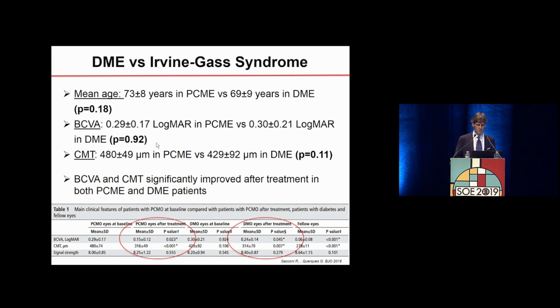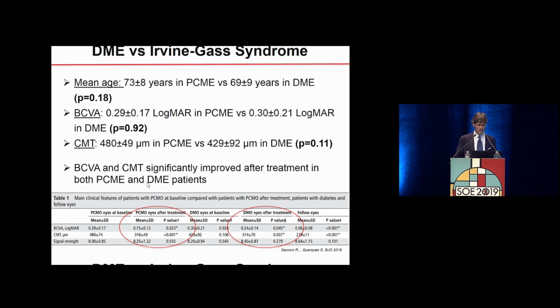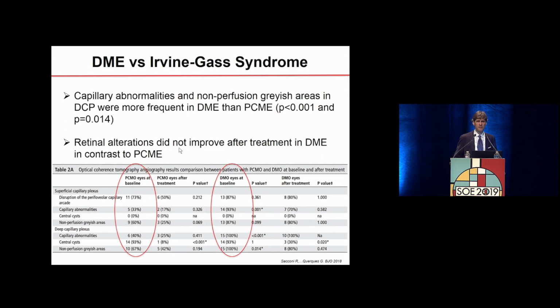The two diseased groups were similar for what regards clinical characteristics. And after treatment, we found an improvement in visual acuity and central macular thickness in both groups, so in both DME and post-surgical edema. But when we looked at the features on OCT-A, we realized that microvascular abnormalities detected on OCT-A in DME were much more frequently detected as compared to post-surgical edema.